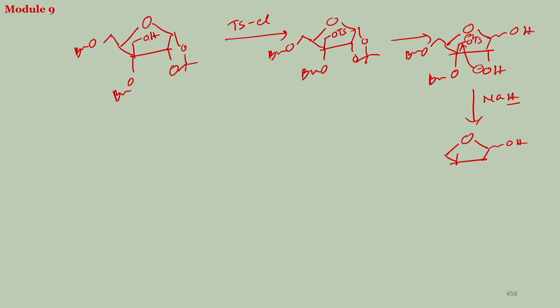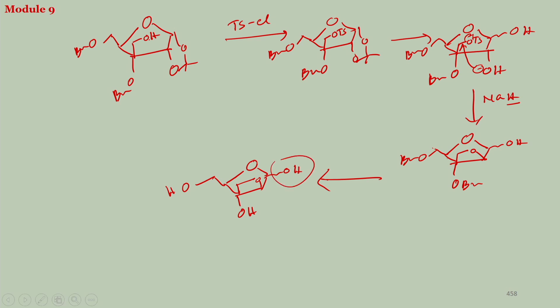So, basically now you have O and you have this bond, OBn, OBn, and then this can be hydrolyzed, deprotected to give you OH, CH2OH, here you will have the OH and here you will have OH.